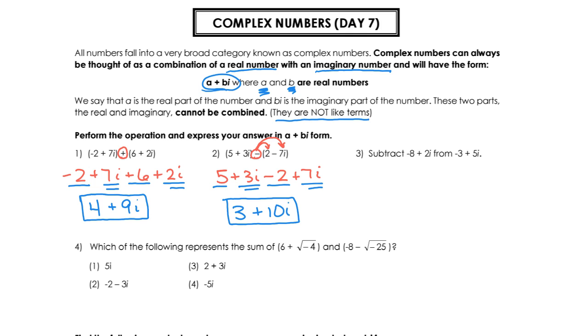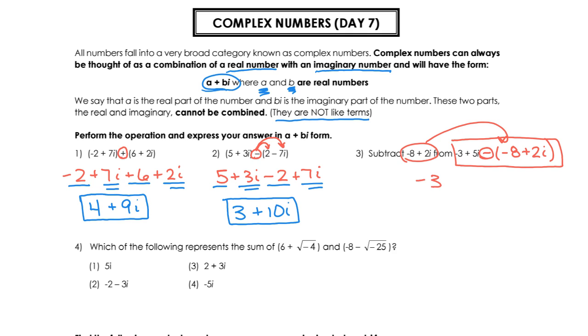All right. Number 3 says subtract that from that. And so we have to remember that this, if that's being subtracted, comes after this. Okay. And because it's more than one term, we should make sure that it's in parentheses. Okay. And so now we have -3 plus 5i subtracting -8 plus 2i. All right. And so now that just becomes what we had in number 2. We have to watch out and distribute that negative.